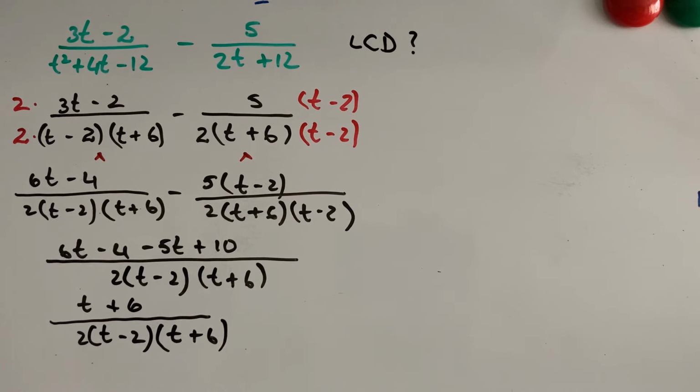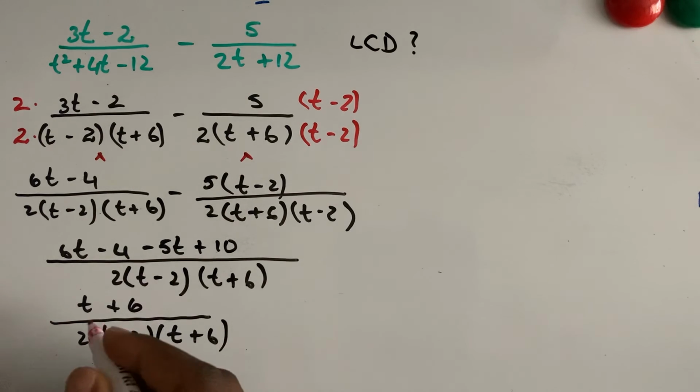Now, all we got to do is simplify, right? We have now on the top t plus 6, and we have t plus 6 on the bottom as well. A restricted value here will be negative 6, and positive 2, because that would make the denominator 0. But again, that's not what I'm focusing on now. I'm just showing you how to simplify this. So now t plus 6 on top and on the bottom, the same factor.